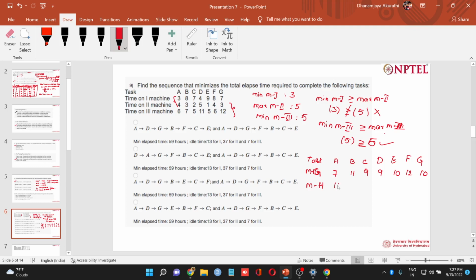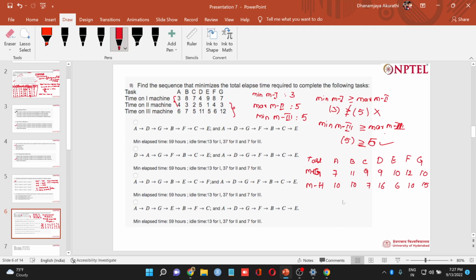Mission 2 and mission 3 is 10, 16, 6, 10 and 15. Right. So we had 2 missions and n jobs. Now we can find the optimal sequence.